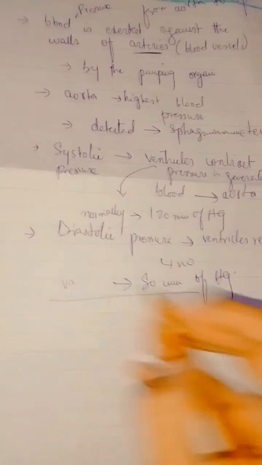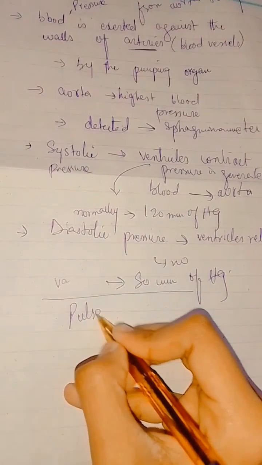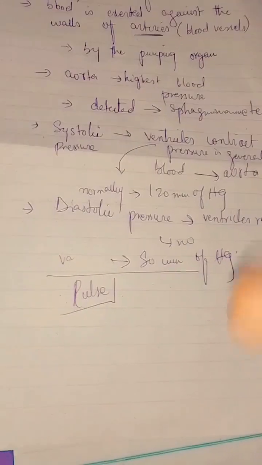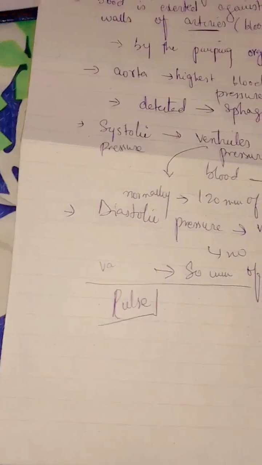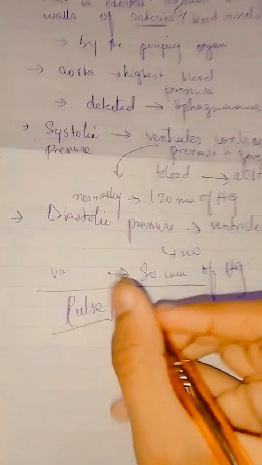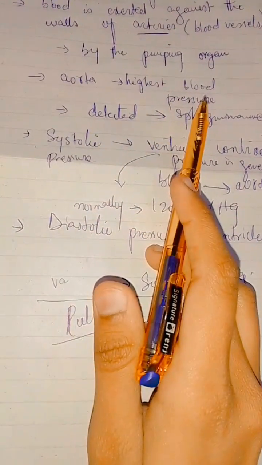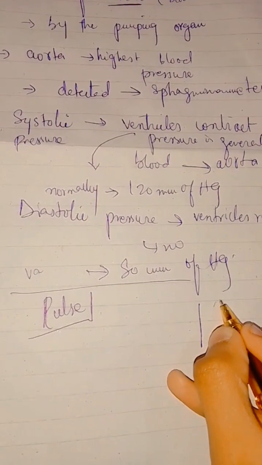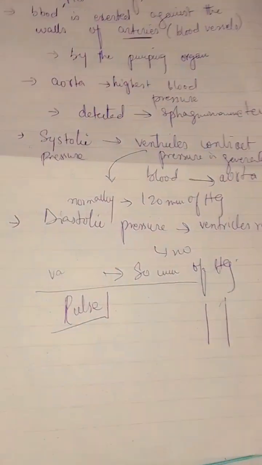Now if we talk about the pulse, it is like a force generated, a pressure generated in the arteries. As I said, the highest blood pressure is in the aorta, which divides into arteries.